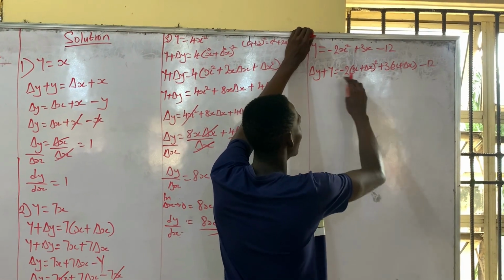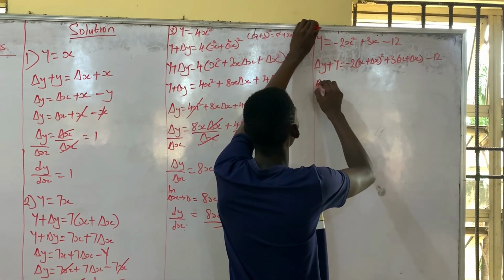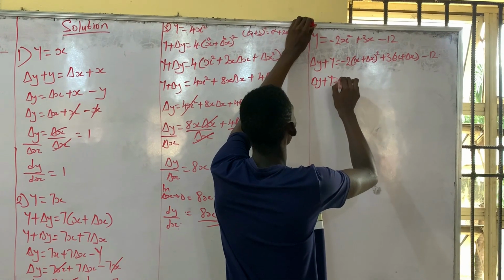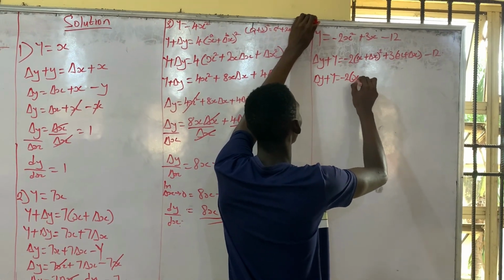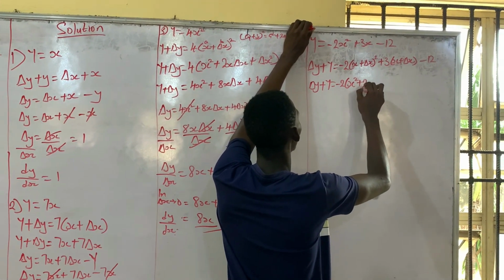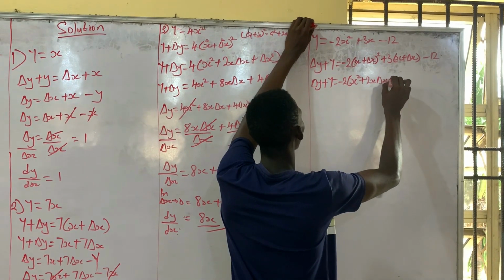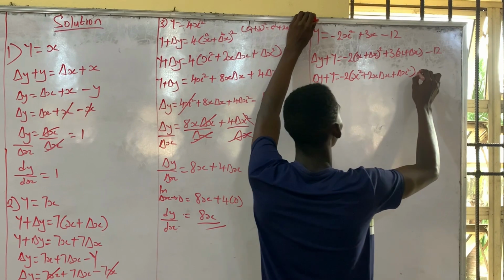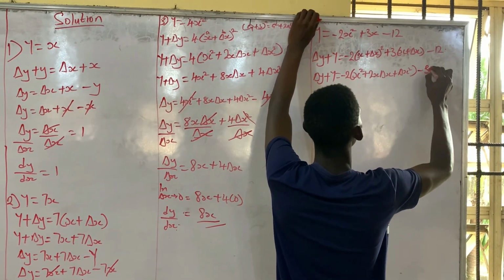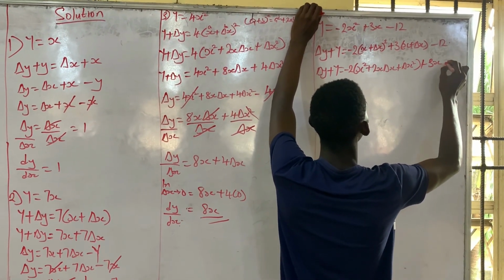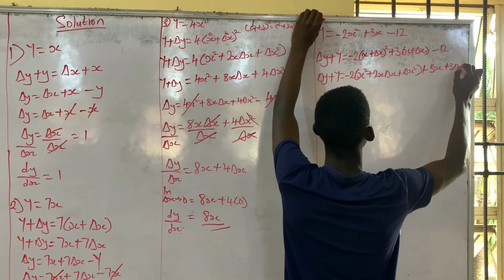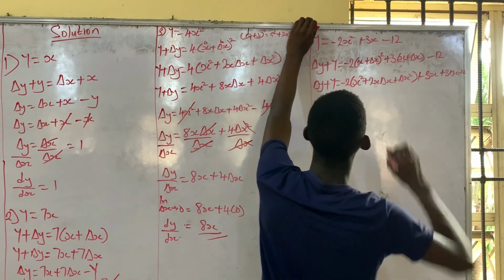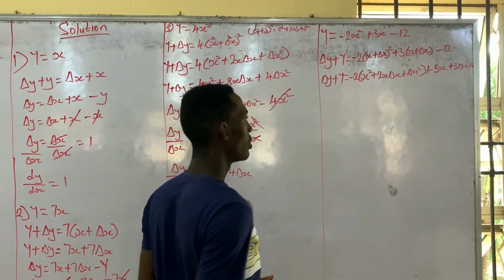Now, let's expand this. Change in y plus y is equals to minus 2, this is x squared plus 2x change in x plus change in x squared, close bracket, minus, let's expand this, sorry, plus 3x plus 3 change in x minus 12. What do we do next?